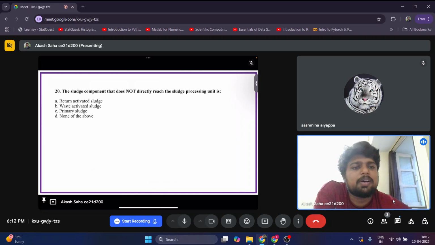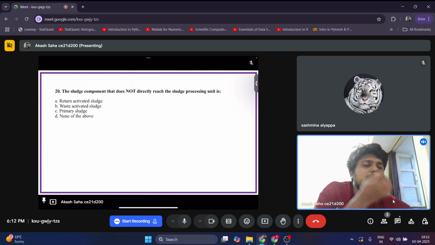We don't want our bacteria to just leave the system without much use. So we return a part of the waste activated sludge, because this is where the microorganisms are, as the return activated sludge to the aeration tank.